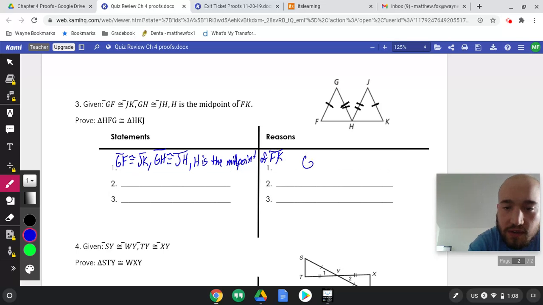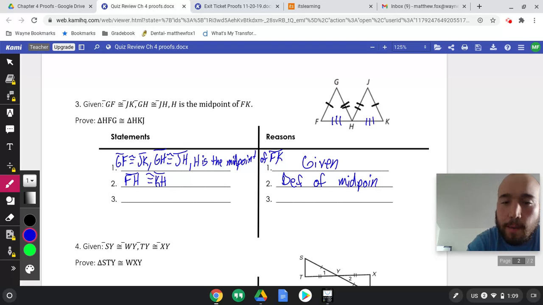And all of this is given. Now if H right here is the midpoint of FK, hopefully you guys know that means FH is congruent to KH. Right here, this side and this side have to be the same. It's our definition of a midpoint. Okay? Cuts it into two equal parts.